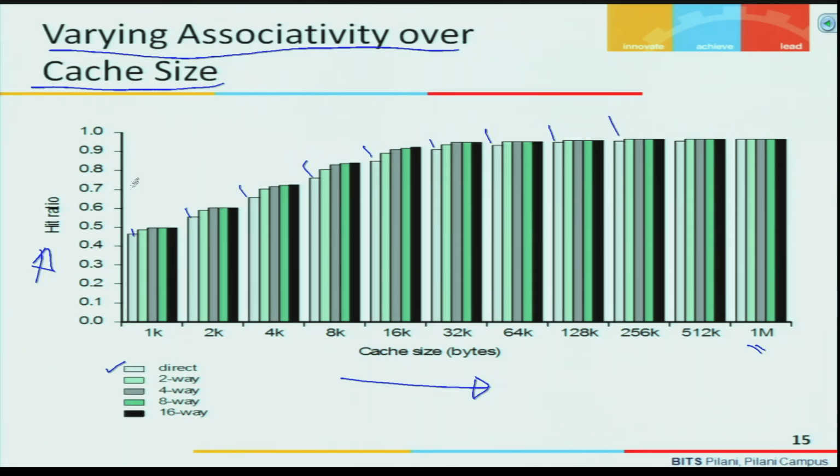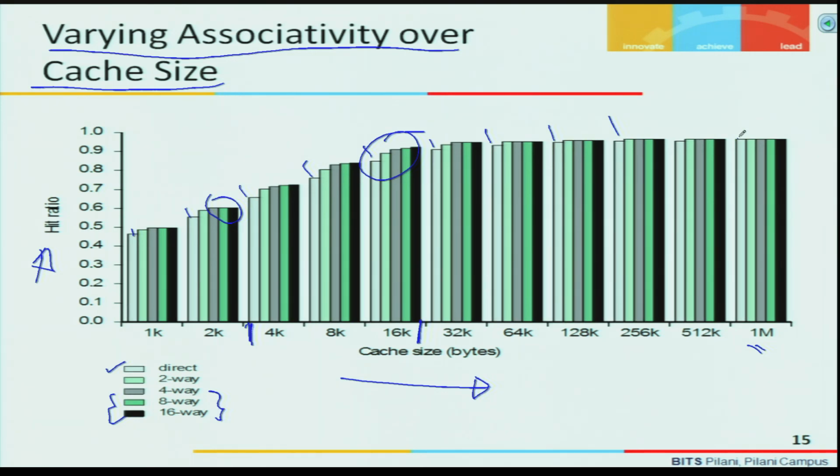When the size is small, up to 2K, then 4-way, 8-way and 16-way mappings are almost the same in performance, where the performance criterion is the amount of references available in the cache memory. If you move from 4K up to 16K cache size, you can see a significant difference in hit ratio between 4-way, 8-way and 16-way associativity.